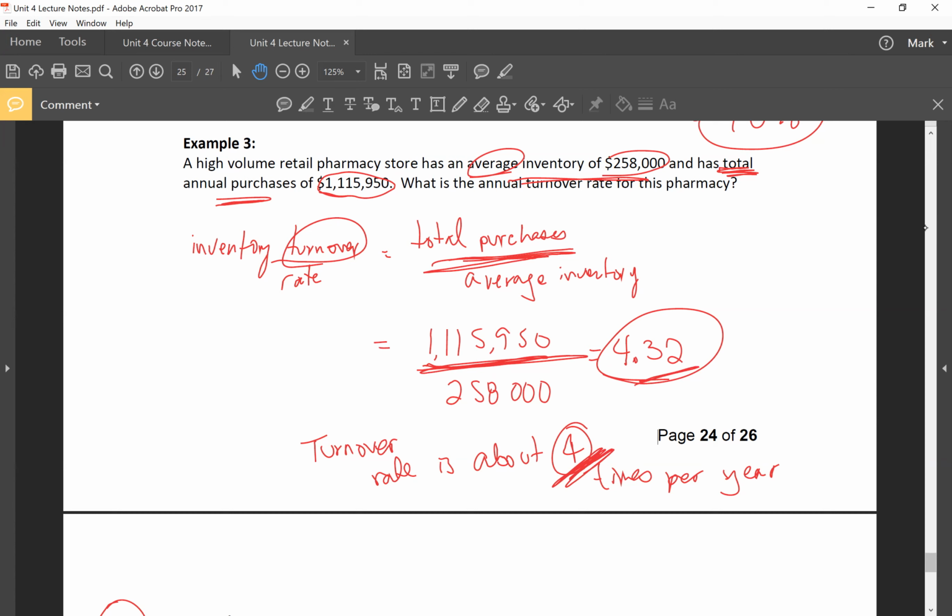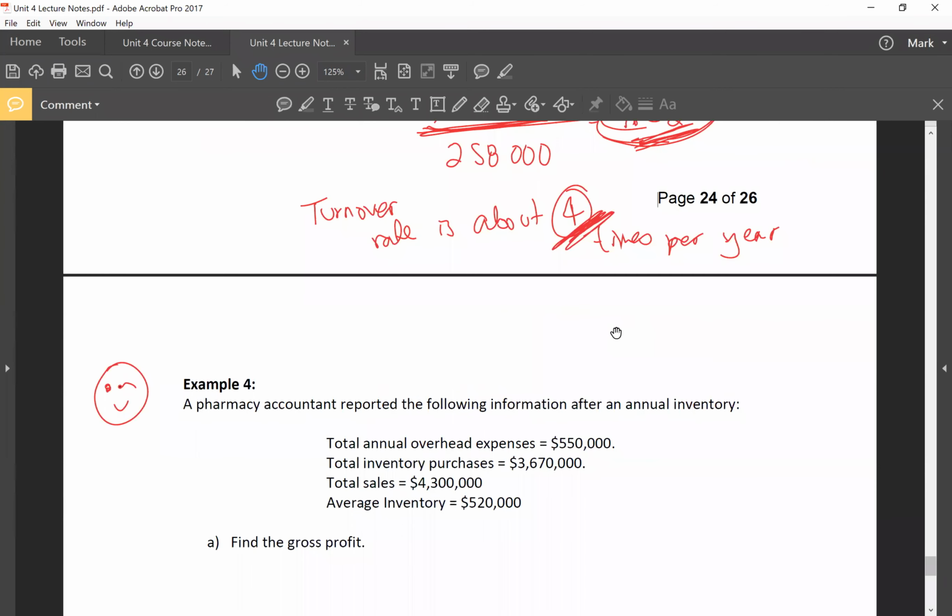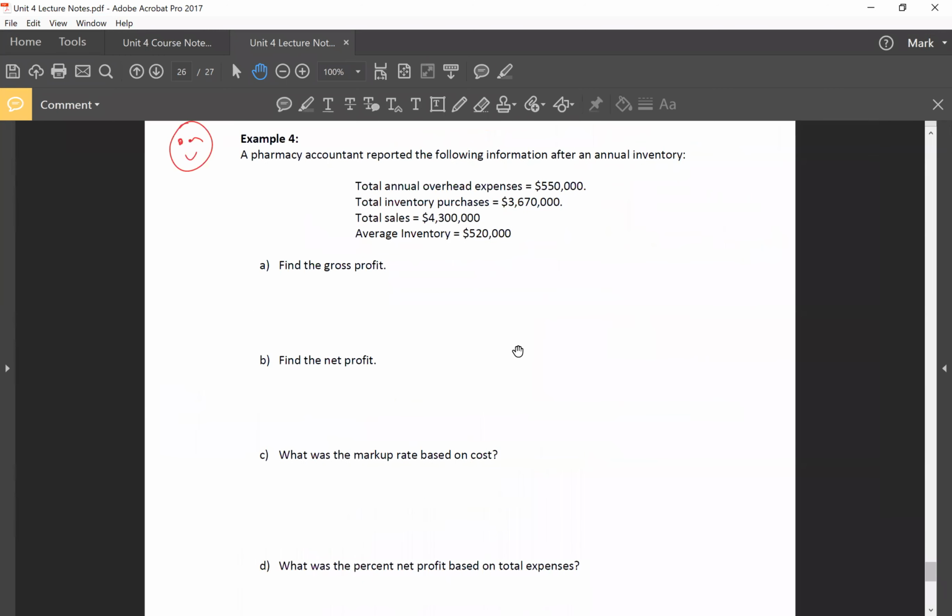So if you spent 1.1 million in a year and your average cost of your inventory was 258,000, over that year you've restocked your inventory about 4 times. Your turnover of your inventory was 4 times. Not 400%.